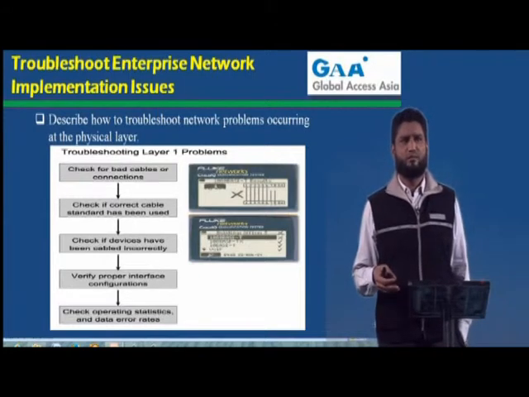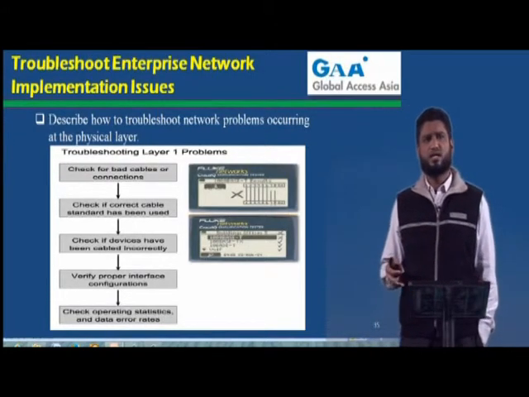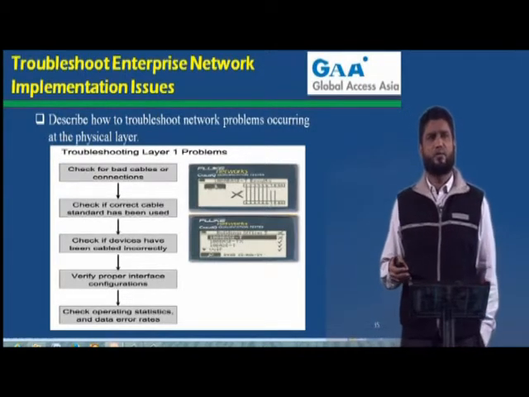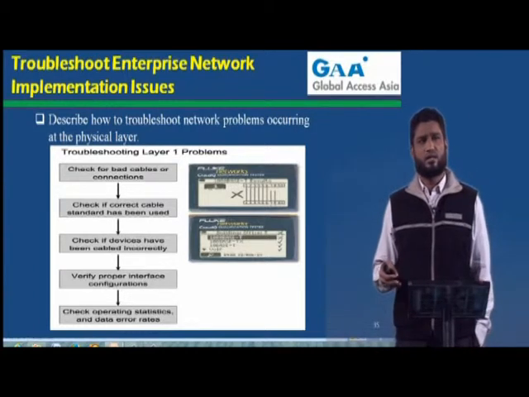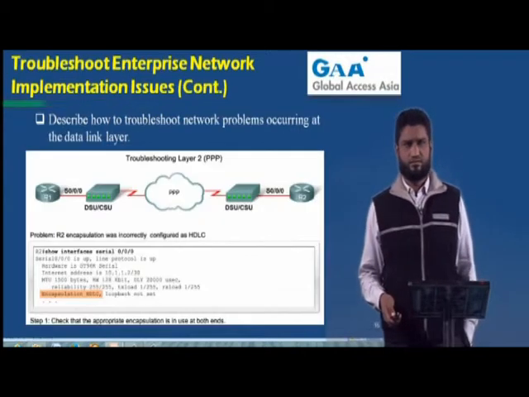First, we have to check for bad cables or connections, check if the correct cable types have been used, check if devices have been enabled incorrectly, verify proper interface configurations, and check operating statistics and data error rates.